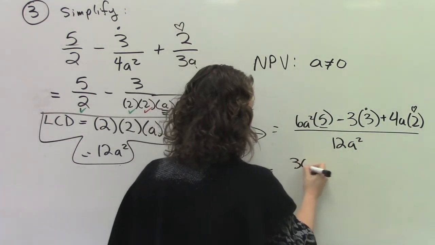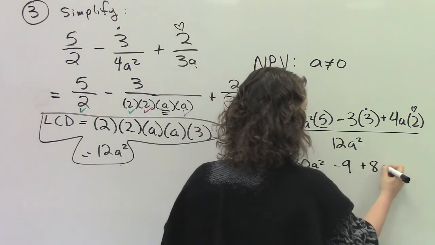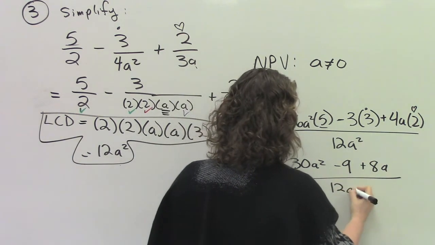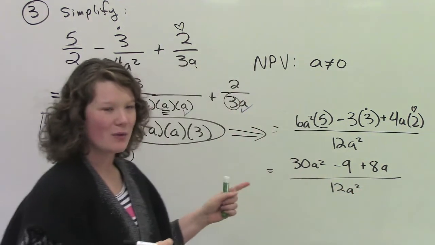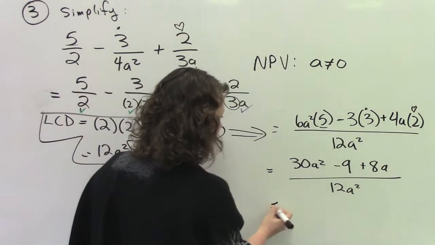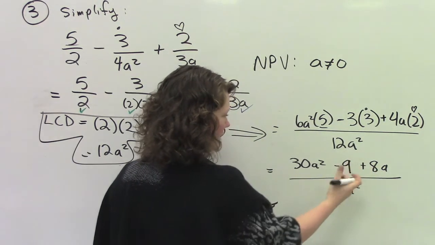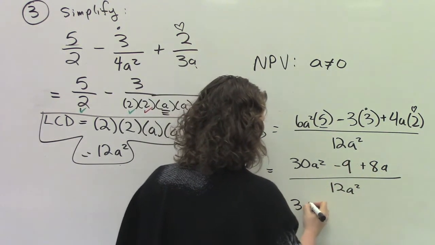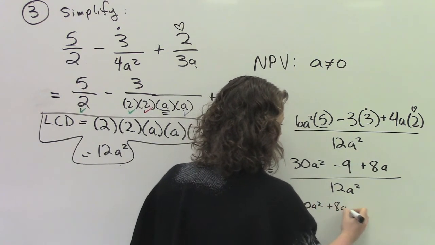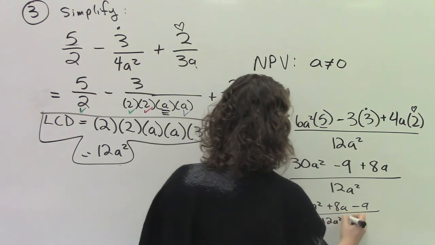It's going to be 30a squared minus 9 plus 8a, all over 12a squared. Now, what I want to do is get this in really nice form. So I'm going to switch out these two, exchange them. So 30a squared plus 8a minus 9 over 12a squared.